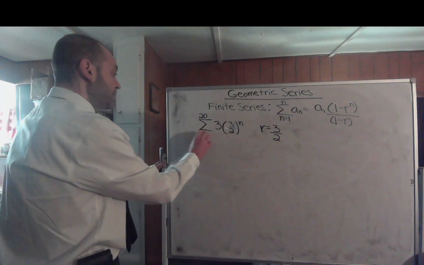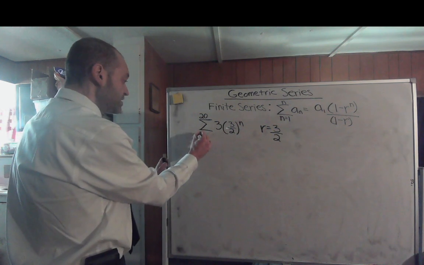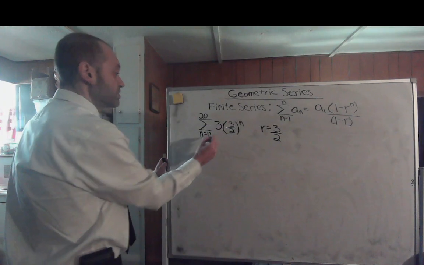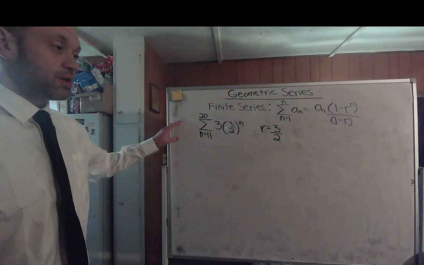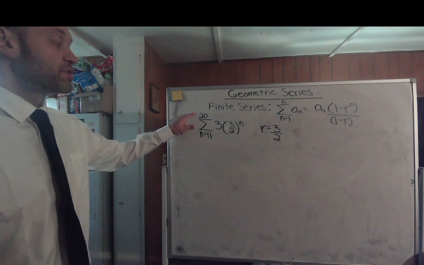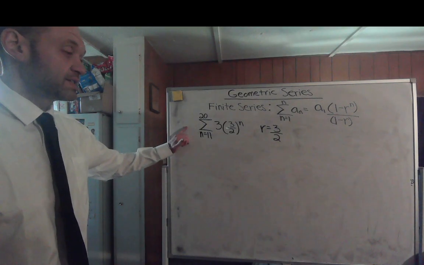Let's say you start at the 11th term. So you're going to take the sum of terms 11 through 20 of this finite geometric series.